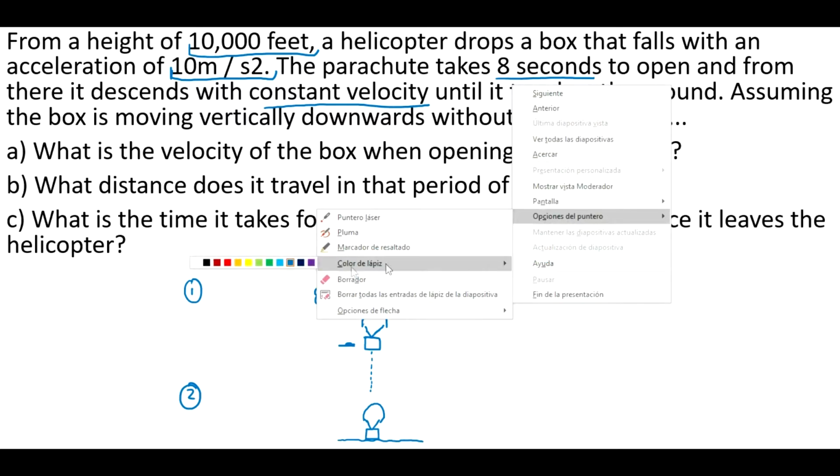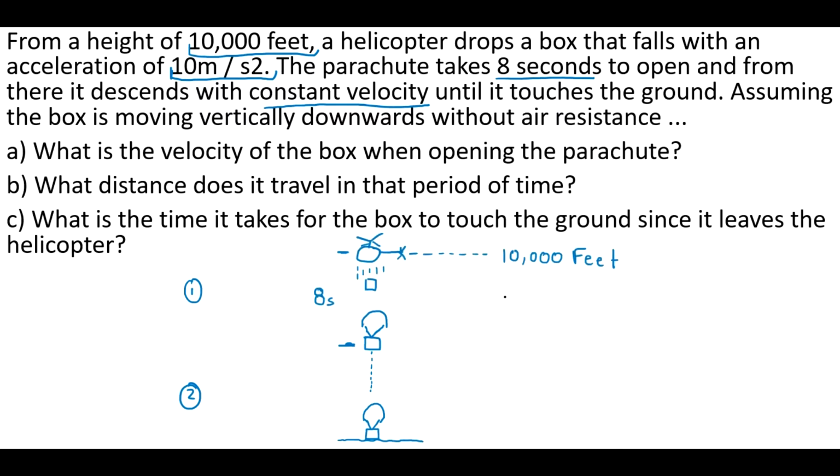So let's change the color over here. At this point we got acceleration, and that acceleration is going to be minus 10 meters per second squared. Why the negative, guys? Well, remember, acceleration is a vector, and the motion goes down, and the acceleration of the fall is going downwards.